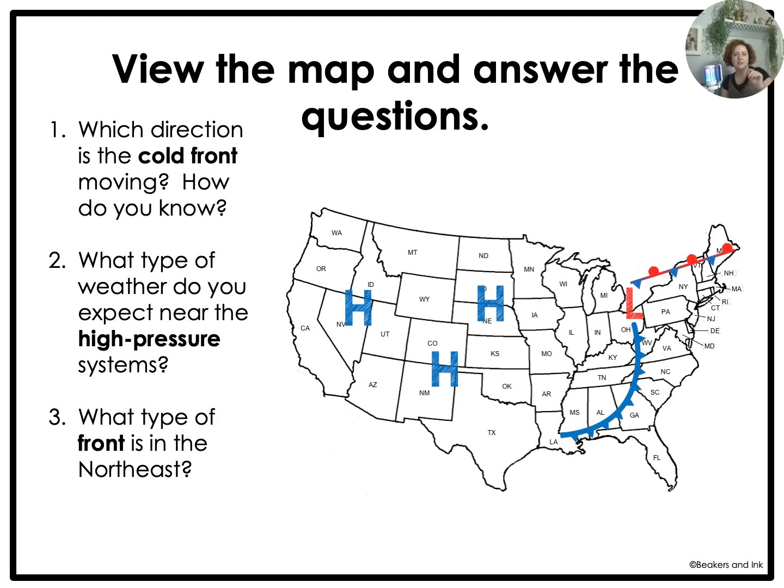So let's look, okay? The first question is, in which direction is the cold front moving and how do you know? First of all, we have to locate our cold front. We've been experiencing this entire lecture for the last 16 minutes, okay? So this is our cold front. It's blue, it's cold, it has the little icicles, things like that.